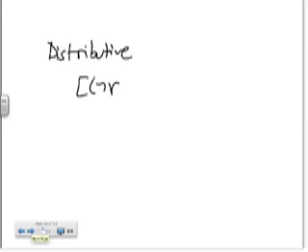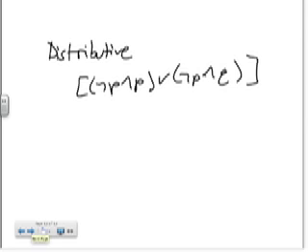First, by the distributive law, we can say that the statement is equivalent to not P and P, or not P and Q implies Q.